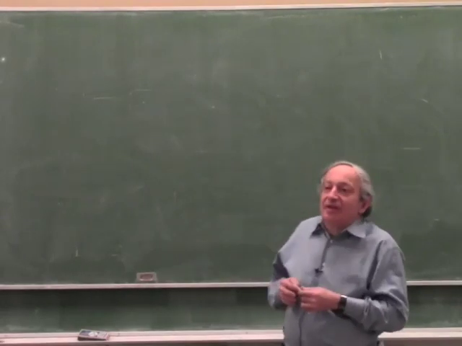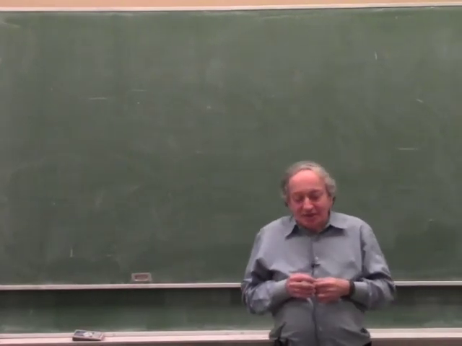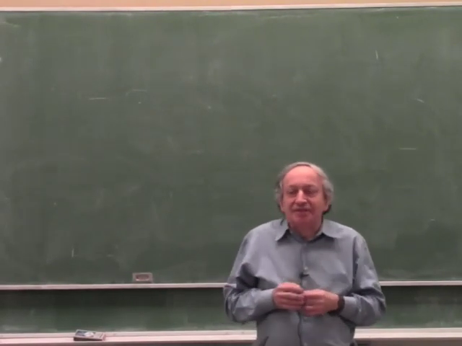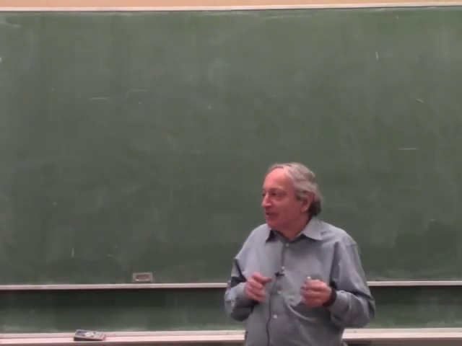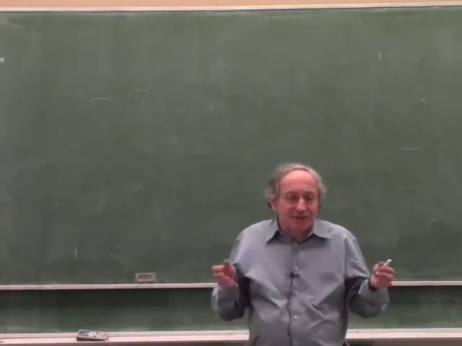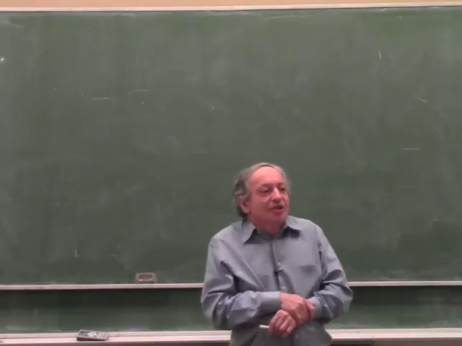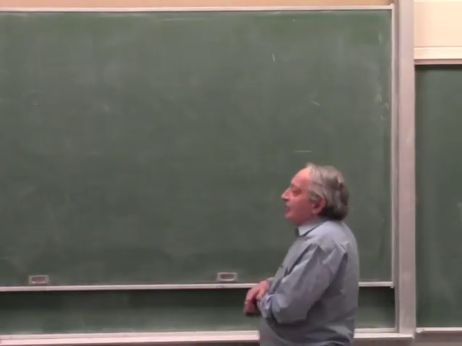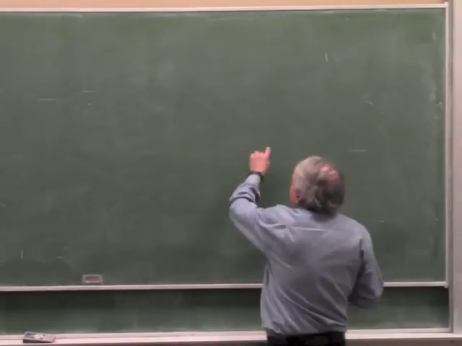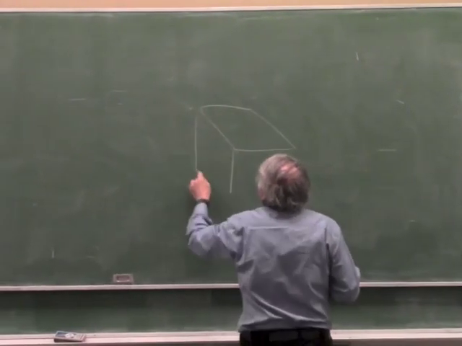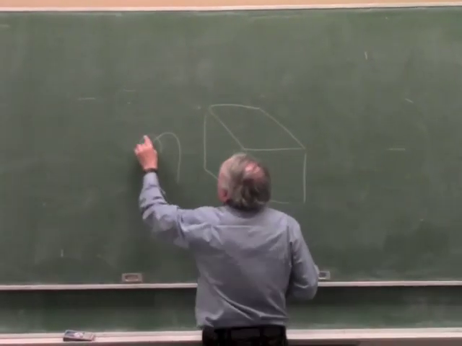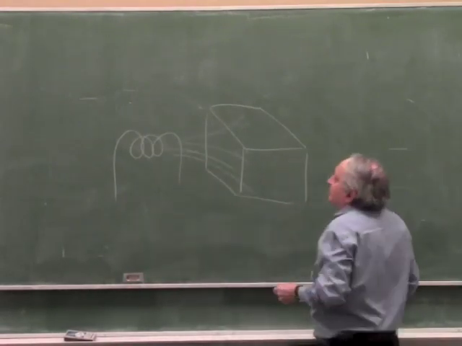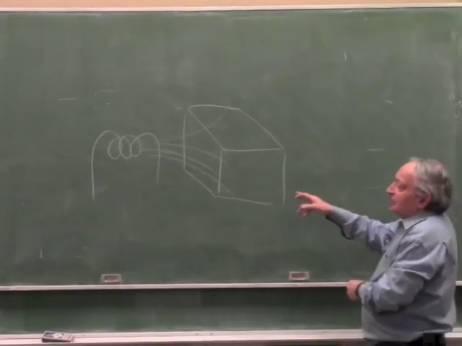Okay? So I gave you an explanation last week which was based on Maxwell's equations. Why is there an electric field always associated with a magnetic field and vice versa? The classic explanation is Maxwell's equations, and what happens is that when you have a changing magnetic field, if you have a metal box, and I put a coil here, the coil obviously produces a changing magnetic field into the box.